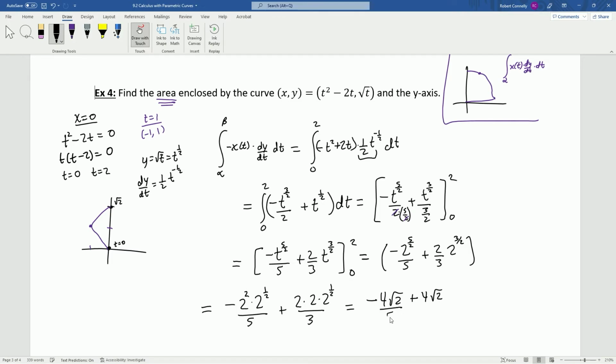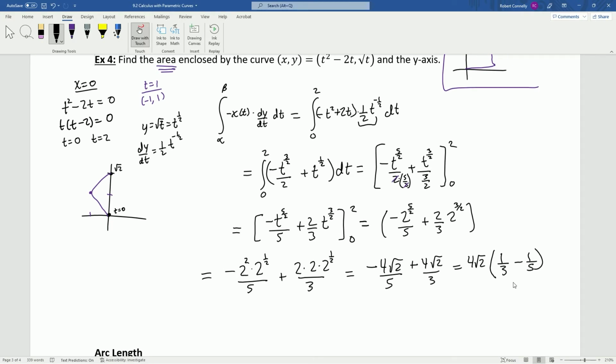But this first one is divided by 5 and the second is divided by 3. Now we can factor out this 4 times the square root of 2. And inside we can rewrite this as 1/3 minus 1/5. So the common denominator here would be 15. So this would be 5/15 minus 3/15, which is 2/15. So this all becomes 8 root 2 over 15.